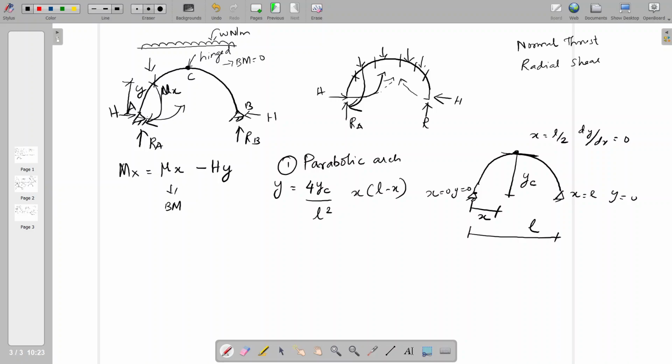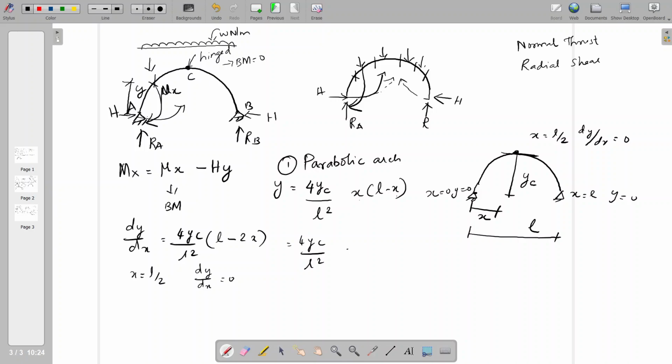If you are substituting x equal to 0, then definitely y equal to 0 from this equation. If you are substituting x equal to L, then also y equal to 0. Now I am differentiating this equation, 4yc by L square, you multiply with x inside and differentiate. So it leads to this equation. If I apply x equal to L by 2, dy by dx equal to 0. Then I am going to substitute x equal to L by 2 here.